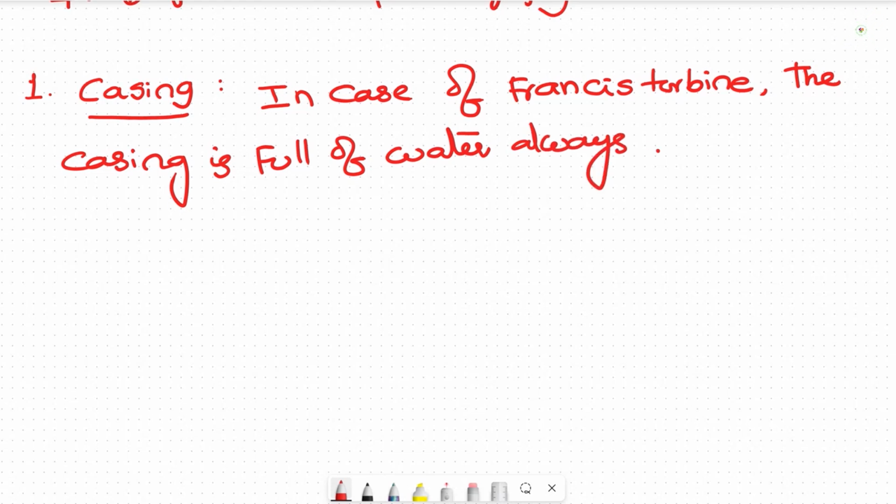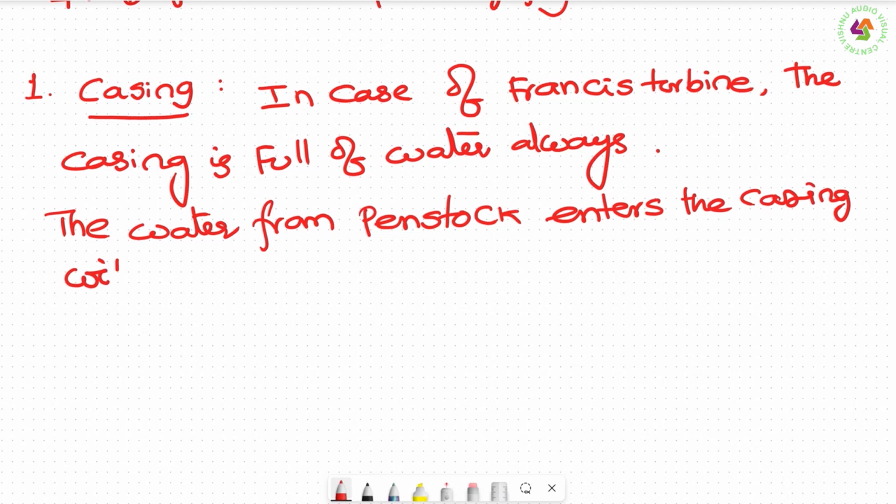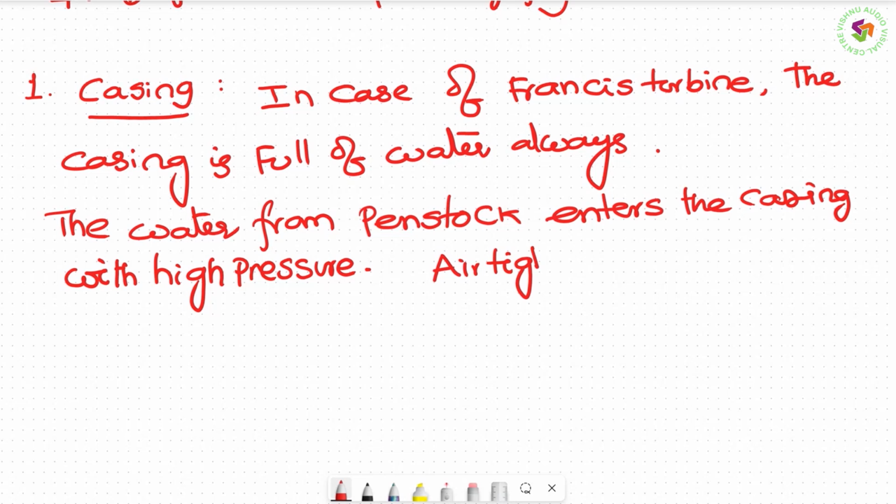First thing is that water from penstock enters the casing with high pressure. Please remember that this is airtight casing.